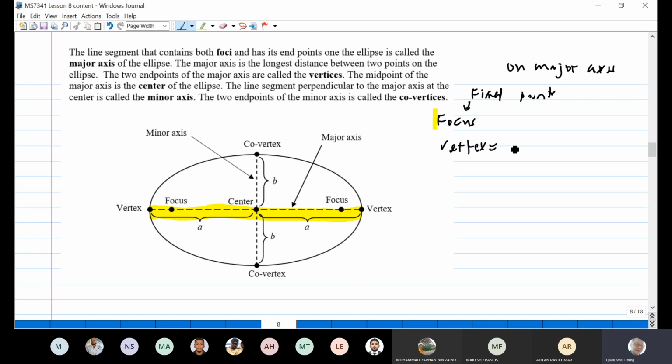The vertex is the furthest point away from the center. The center is here at the center, and the furthest point away from it is called a vertex.